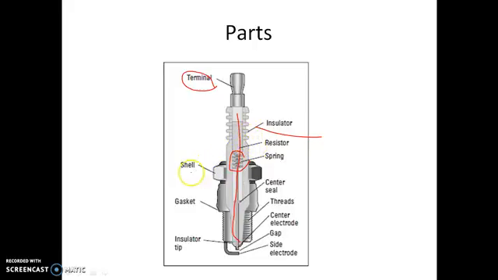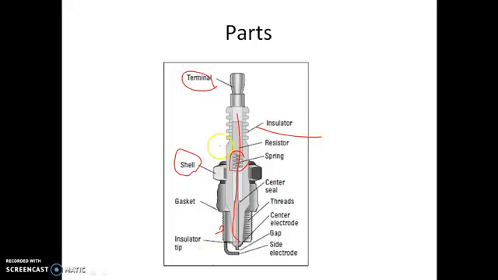This shell has a provision for keeping it intact in the engine position, because whenever you tie this to the engine cylinder, there are positions where we have to lock this spark plug. You can see some grooves, or threads, on which the spark plug is fixed. These threads will be tightened into a groove where it will be threaded, and they support the system to stay intact with the position of the engine.